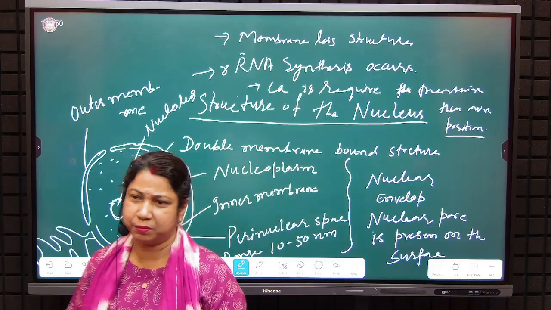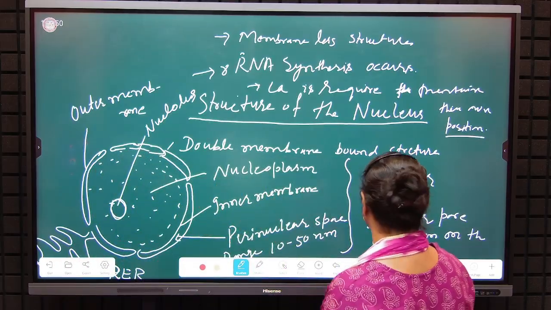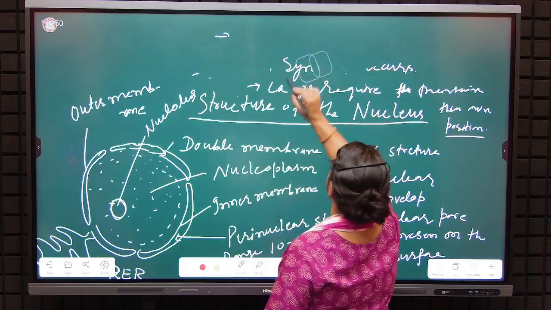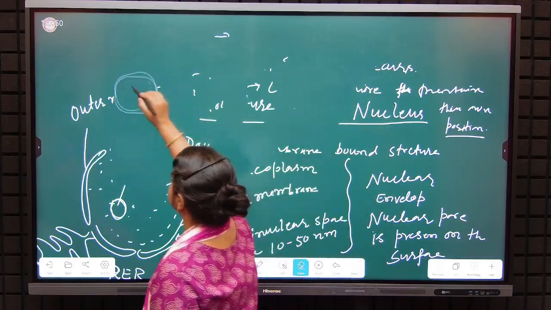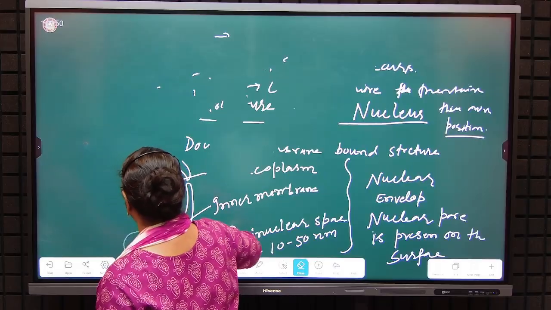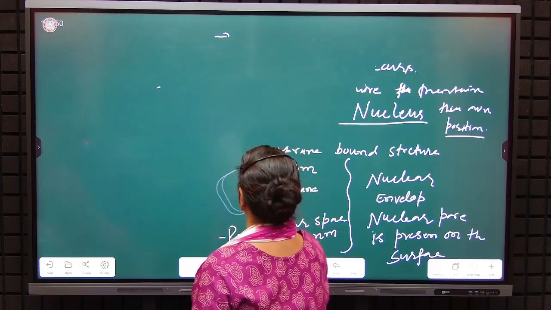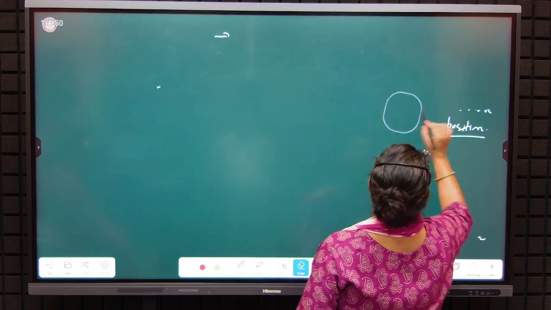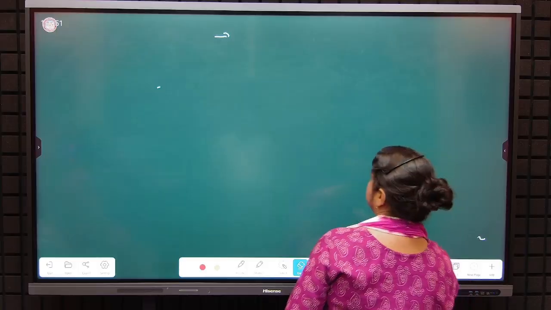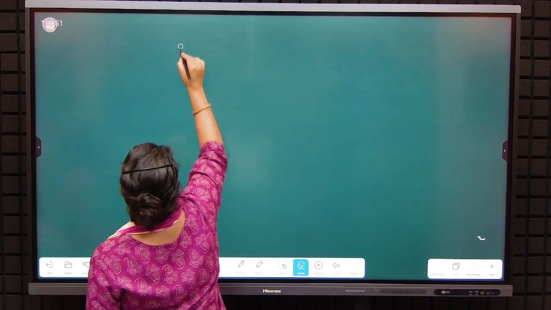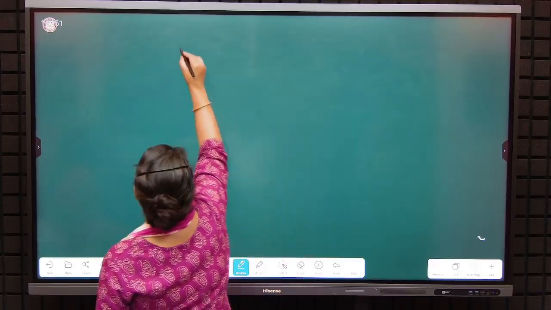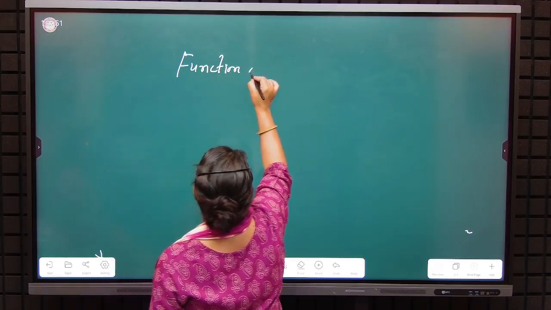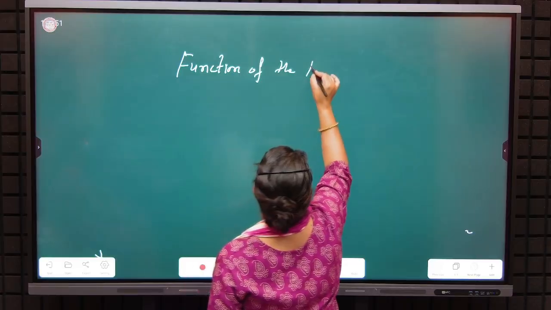Now, I briefly discuss the function of the nucleus.